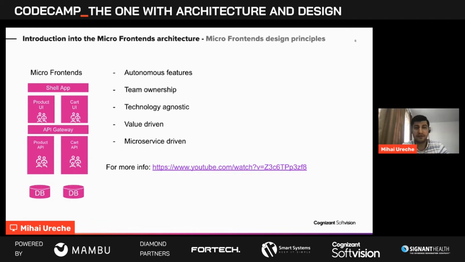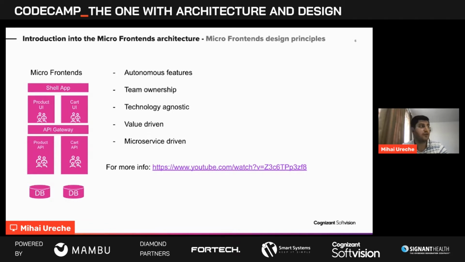And the last design principle is the microservice driven. What that means is that each microfrontend is built to support the microservice from the background. In the end, each microfrontend is the front-facing component of the microservice. And like this, you have a vertical slice, like you can see here in the presentation.